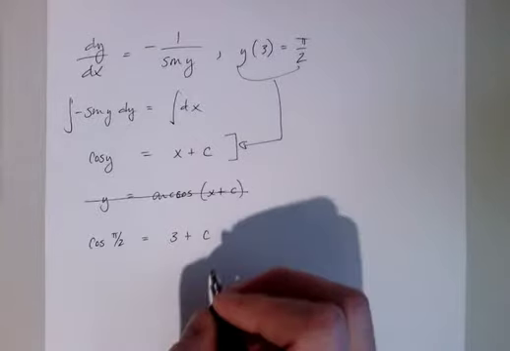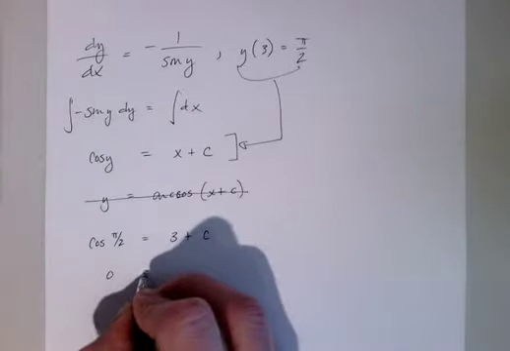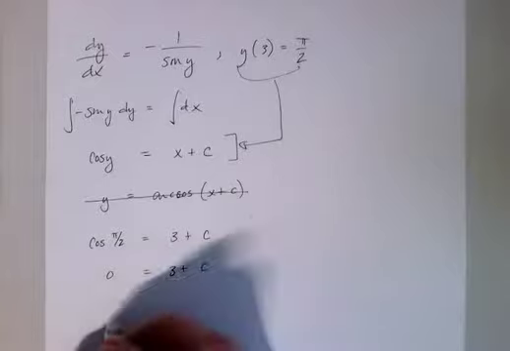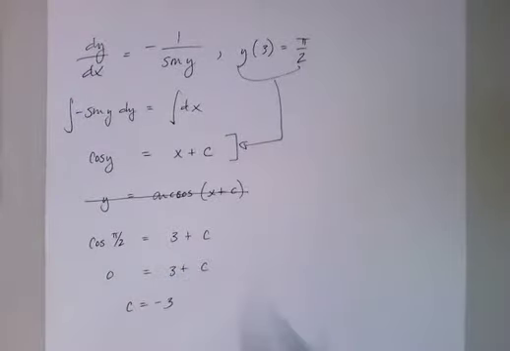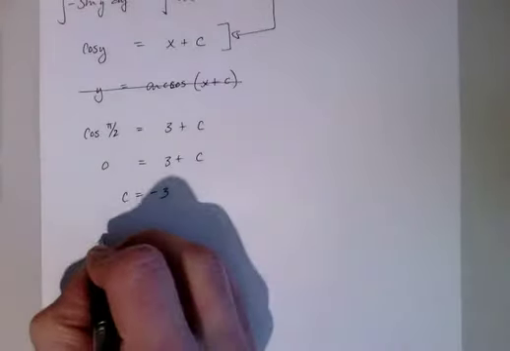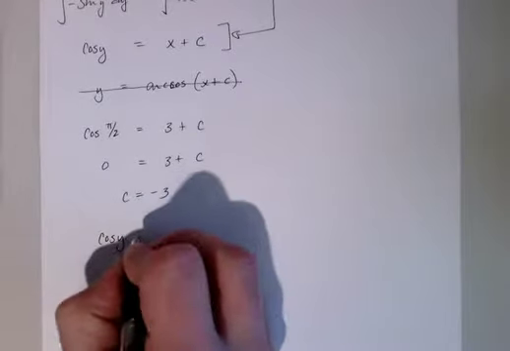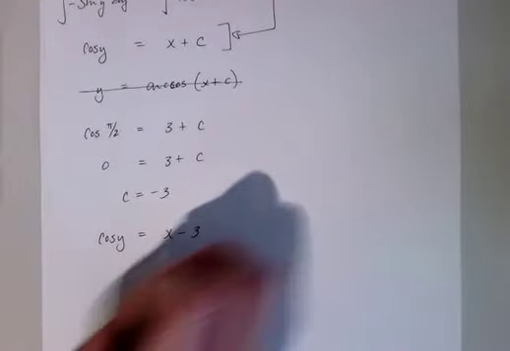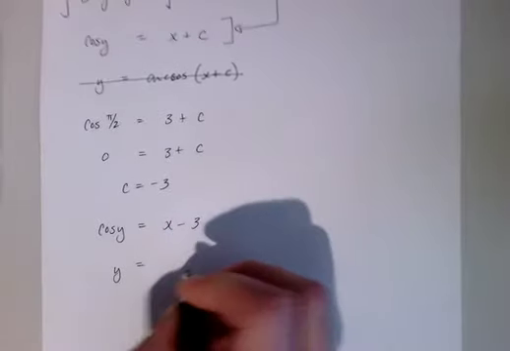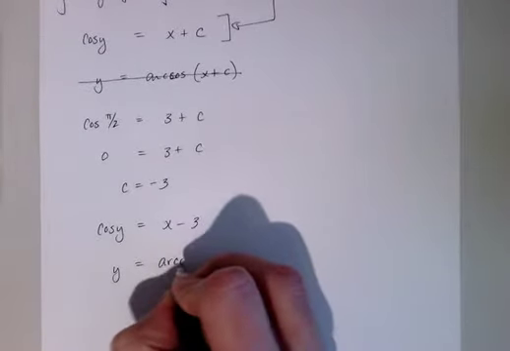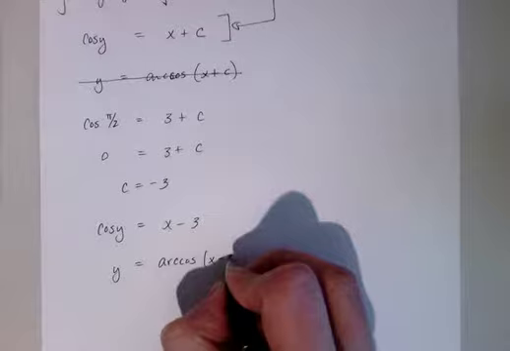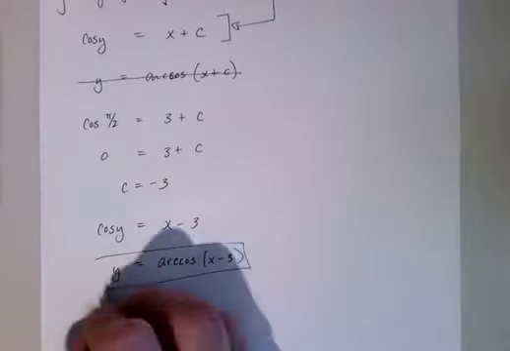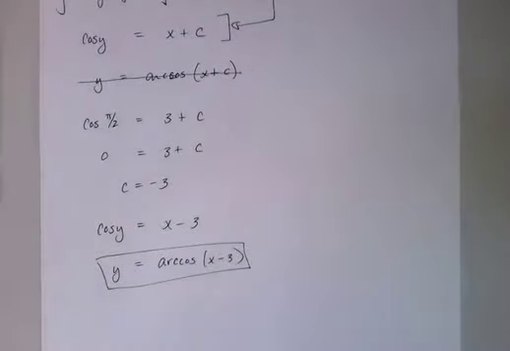Well, cosine of pi over 2 is 0, and therefore 3 plus c is equal to 0. c is equal to -3, and I'm going to have cosine of y is equal to x minus 3. And if I'm actually compelled to, I can change that into an explicit equation, y in terms of x. And that is the particular solution to that.